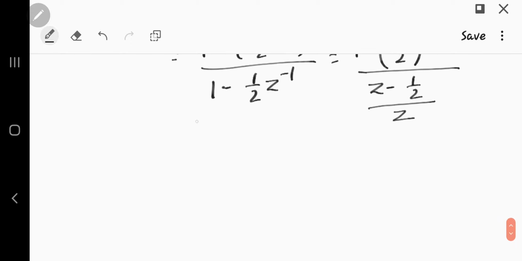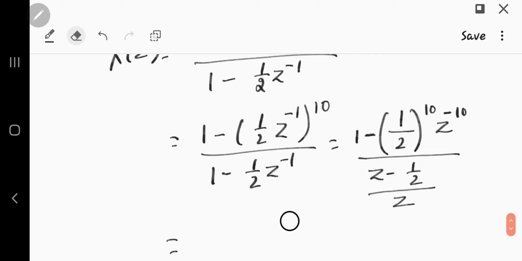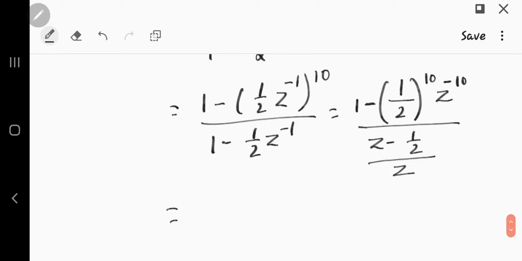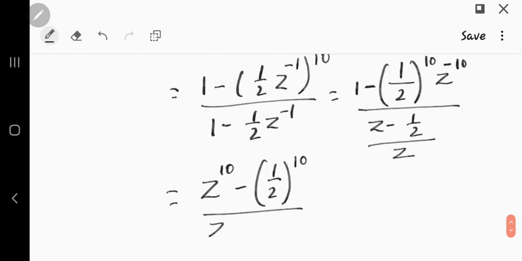Okay, so this can be written as 1 divided by, but if you take this outside, we'll get z to the power of 10 minus 1 by 2 to the power of 10 divided by z minus 1 by 2.